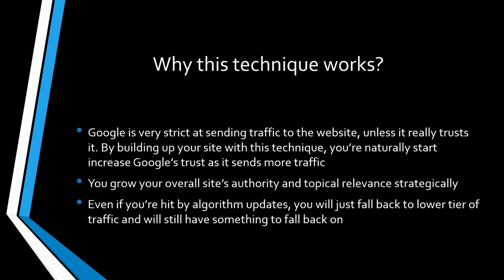And then of course, you can work on recovering your website again as you start the recovery process. So although you can still get hit by updates, you still have something to fall back on, something to support you, right? But if you follow this technique, you're pretty much not going to get hit by any updates, unless your content really sucks, right?